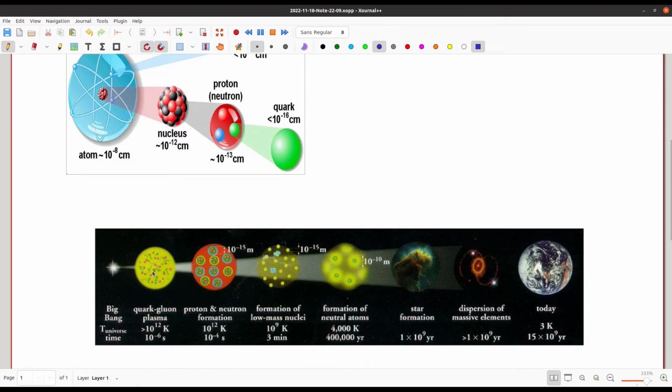Then we also try to study how this quark gluon plasma converts to protons and neutrons after this, the hadronization mechanism. So what is the hadronization mechanism leading to the conversion from quarks to hadrons?